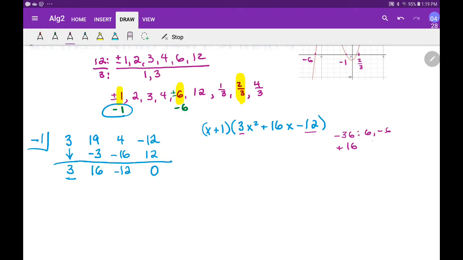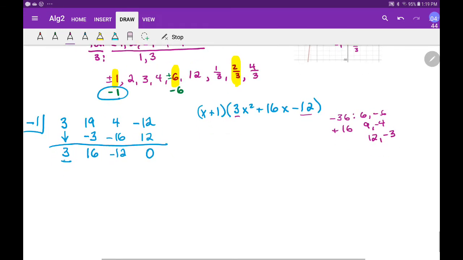That's not going to get it done. What else could we say? We could say 9 and negative 4. That's going to be 5. That makes it worse. How about 12 and negative 3? Well, no, that's no good either. And what am I missing? I need 16. Oh, how about 18 and negative 2?